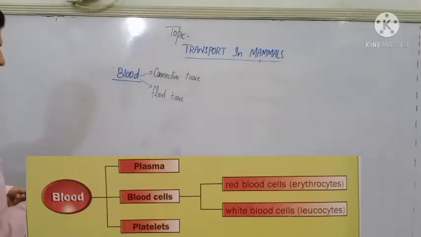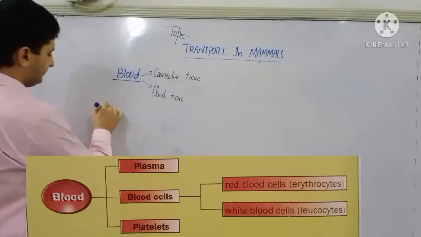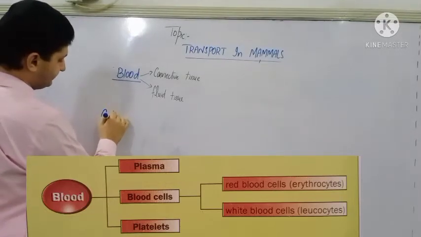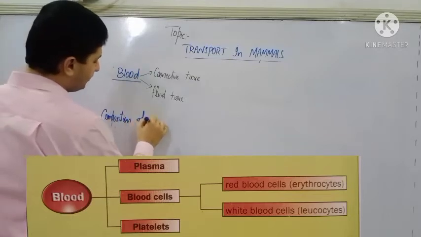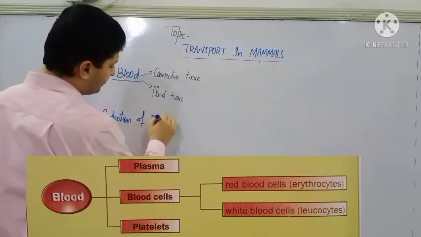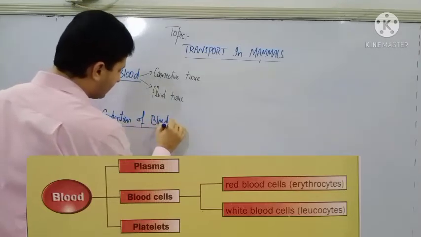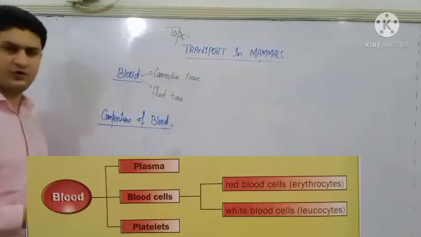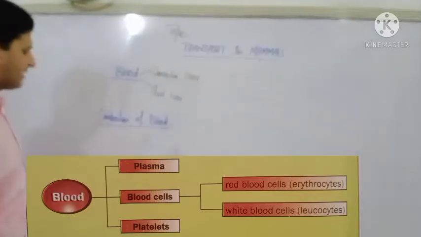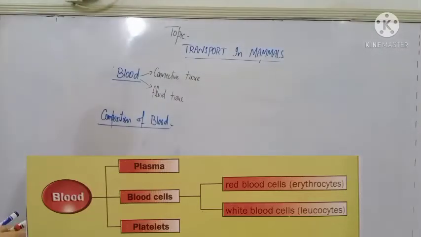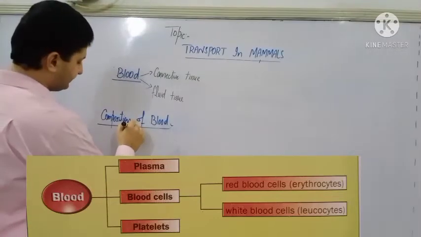If we talk about the composition of the blood, that is, how blood is formed or what it is made up of. Blood is mainly made up of three things.